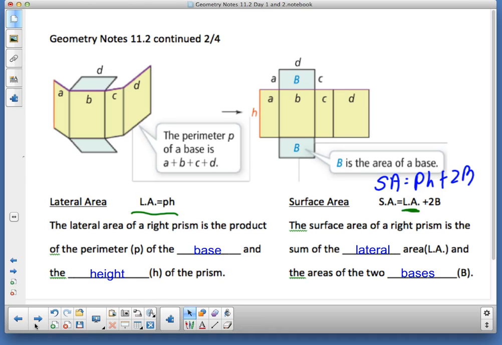So again, reread your notes. I cannot emphasize that enough. The vocabulary alone requires you to do that. And then recognize that the formula is here to help us account for finding all the pieces we need for surface area. The formula is there to help us.